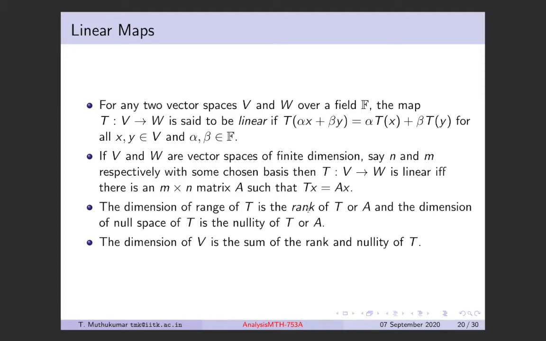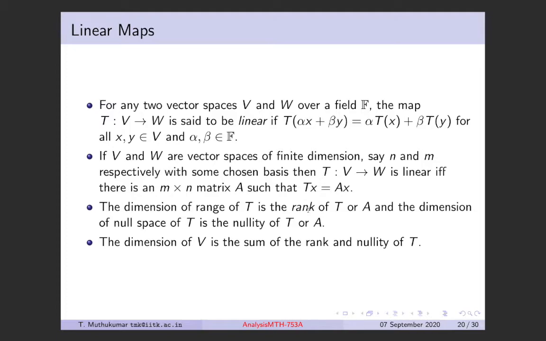The rank and nullity theorem actually tells you the situation of when you have a unique solution, more than one solution, or no solution, depending on the relation between m and n and so on. That's part of linear algebra. So we will not get into that subject in this course now.